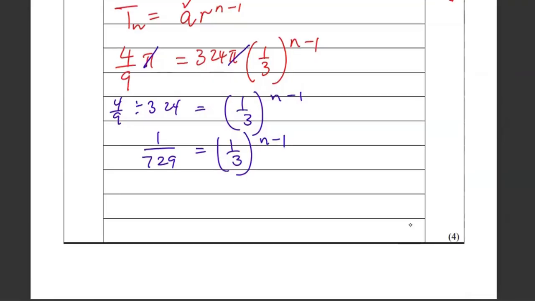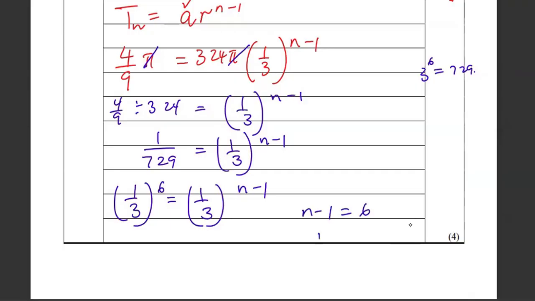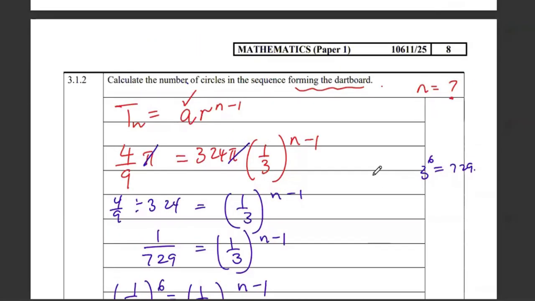Then I know that 3 to the exponent of 6 gives me 729. So this should be 1/3 to the 6 is equal to 1/3 to the n minus 1. Drop the bases since they are all 1/3, so n minus 1 is 6, and then n becomes 7. So that is how I would have answered 3.1.2.